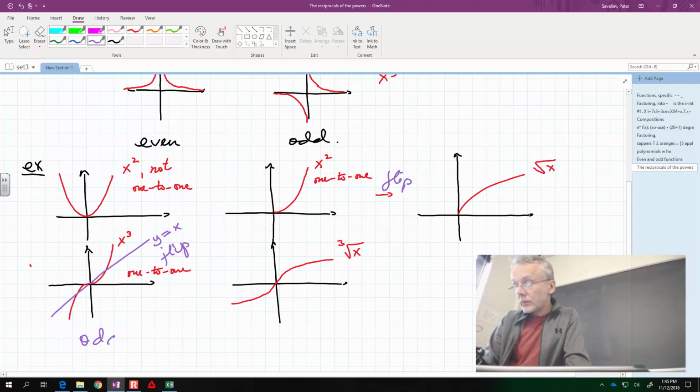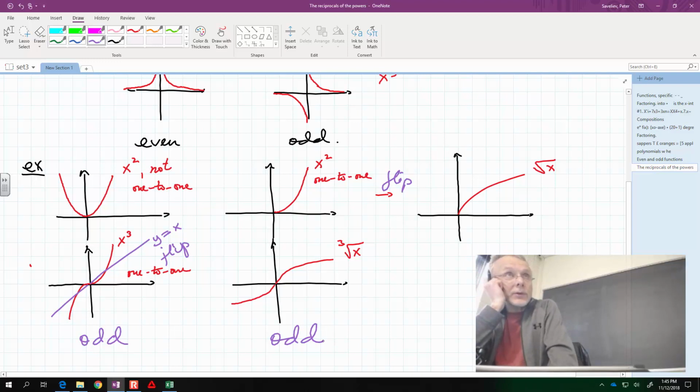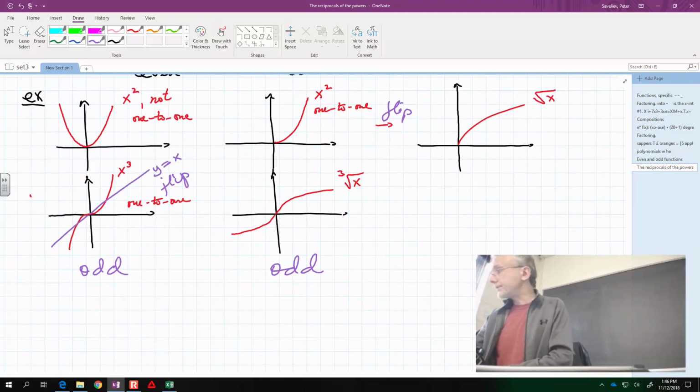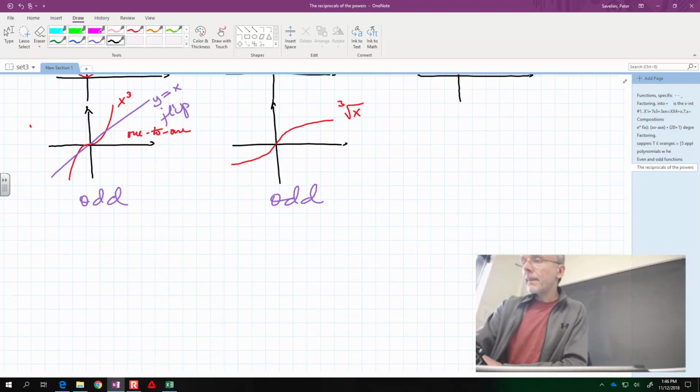Well, this one is odd, and this one is still odd. The same symmetry as the original one, because think about it. You flip a piece of paper, and something is drawn on the paper. If that object had a symmetry, then it still has that same symmetry. So if the first function had central symmetry, after we flip it, it still has that central symmetry. So if the function originally was odd, it remains odd after that flip.